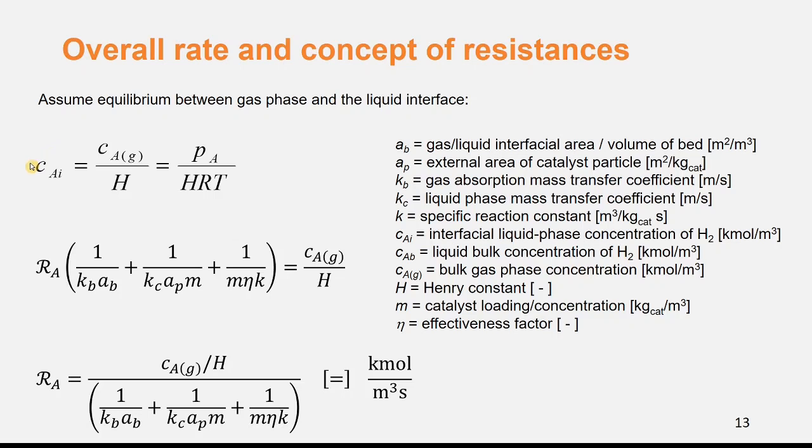At the gas-liquid interface, there is equilibrium between the gas phase and the liquid phase. So we can use Henry's law to relate the equilibrium gas and liquid phase concentrations.